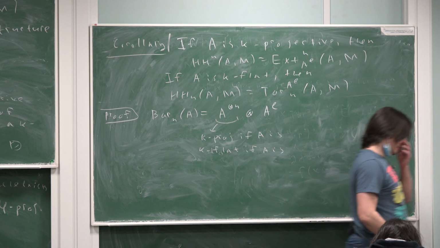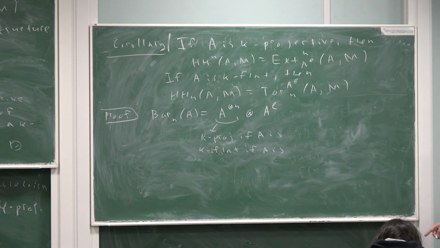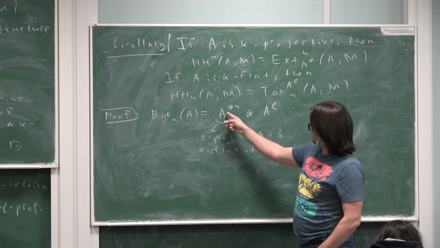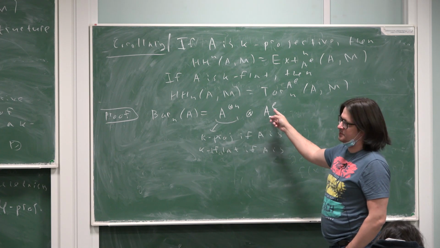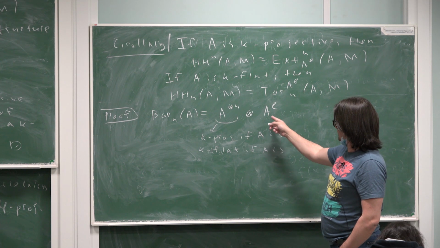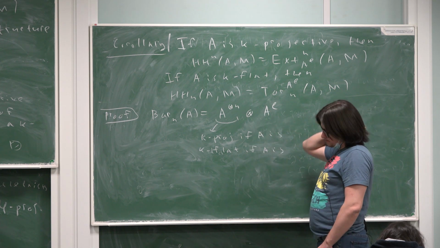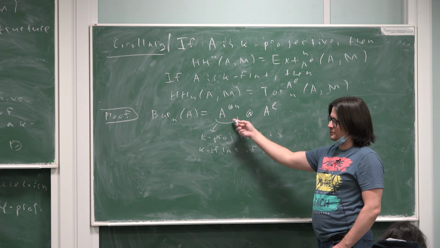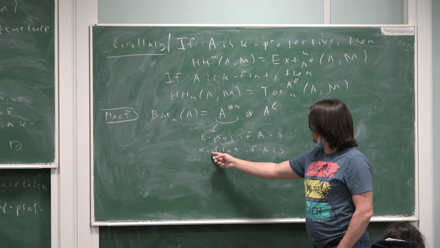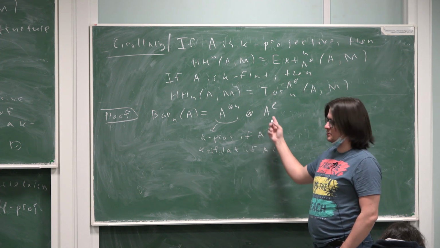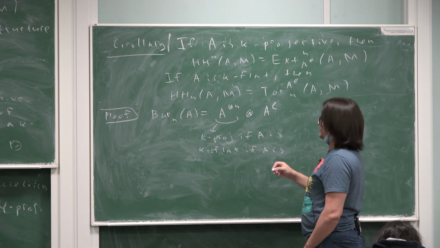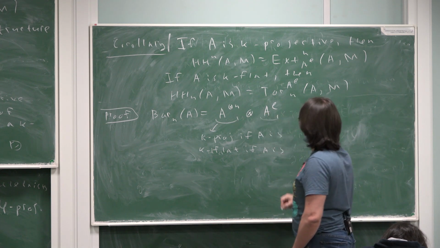And if we multiply some k-projective module by AE, we get an AE projective module, and if we multiply some k-flat module, we get an AE flat module.